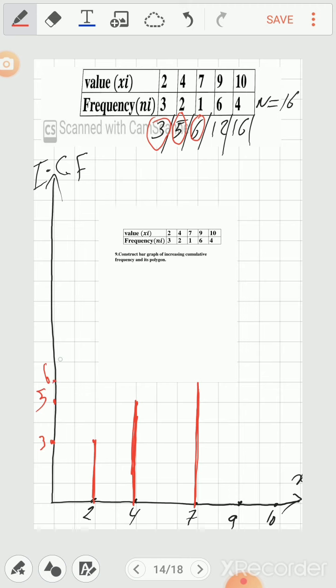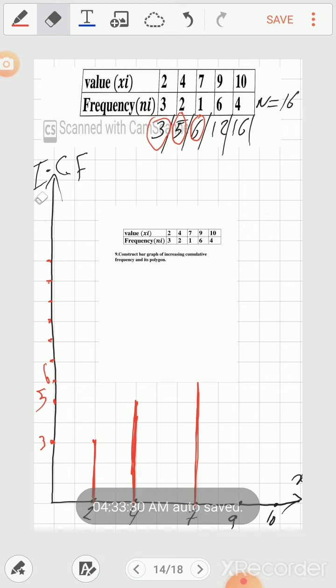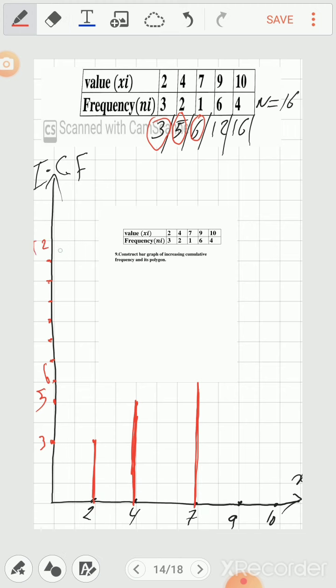Here 6, 7, 8, 9, 10, 11, 12. Here 12. At 9 is 12.